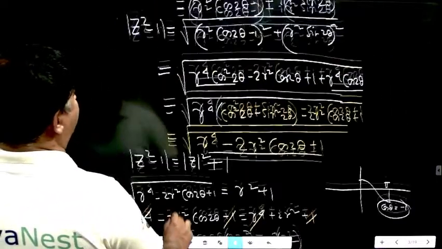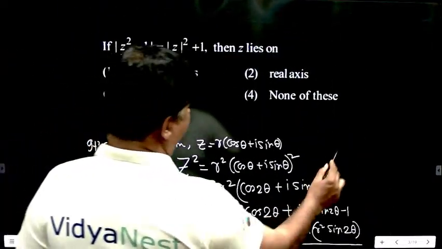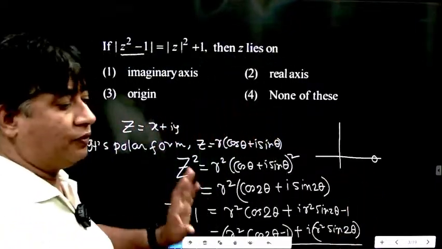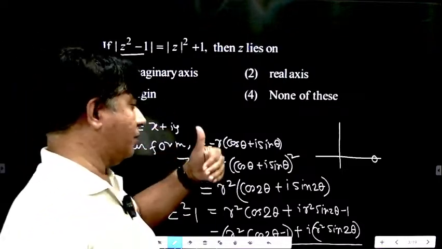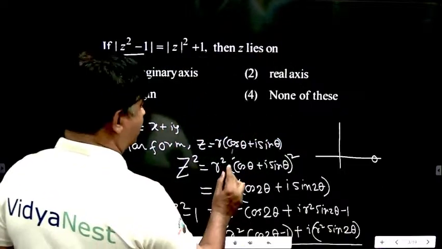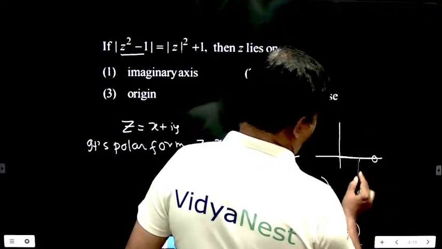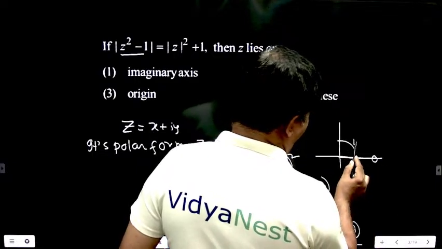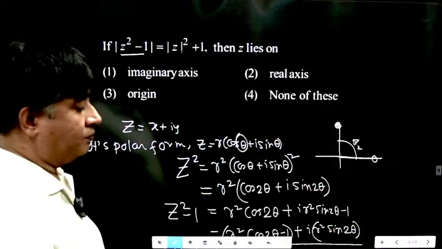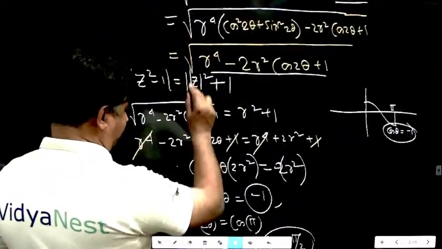Theta pi by 2 means in a polar coordinate theta lies where? When I taught theory of complex number, or somehow you are taught, then if this theta is 0, that means the point lies on real axis. If theta is pi by 2, then the point lies on imaginary axis. So here theta is equal to pi by 2.